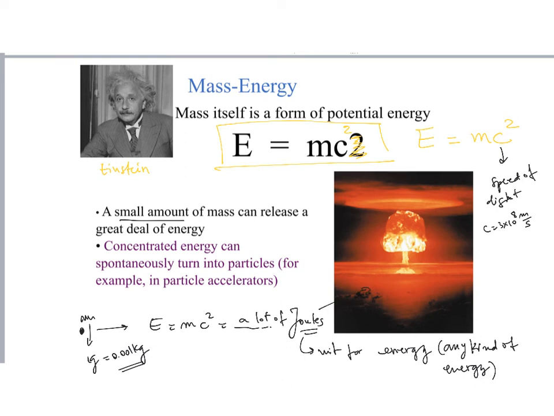If this mass would be an even smaller amount of uranium, then you get the nuclear bomb. We just need to figure out good ways of using that kind of energy. Of course we did, because we have nuclear plants, so those are good things.